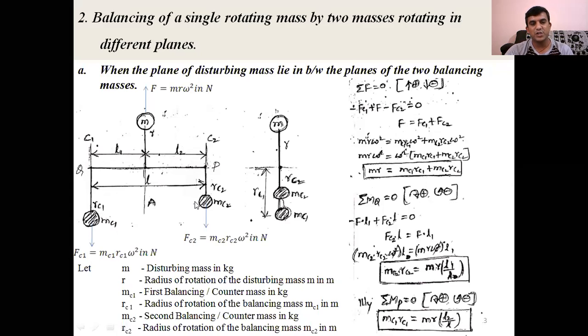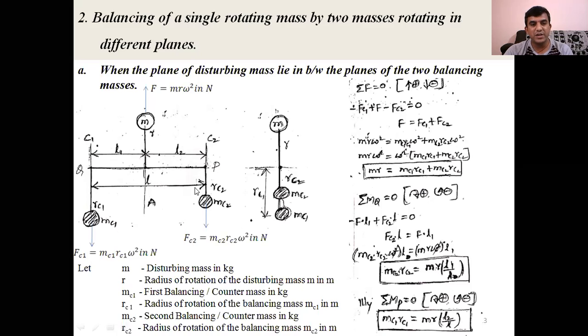Similarly, mc2, the second counter mass, is located on plane P at a distance of L2 from the disturbed mass. L1 may equal L2, or L1 may be greater or less than L2. Any case is possible.